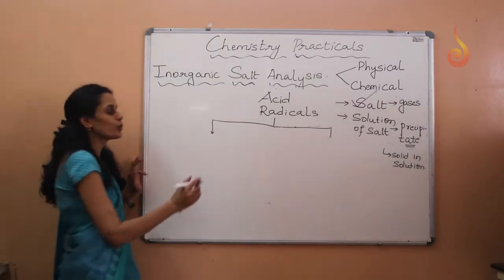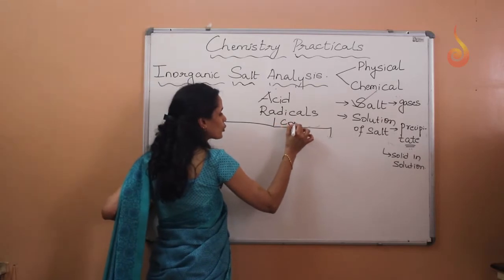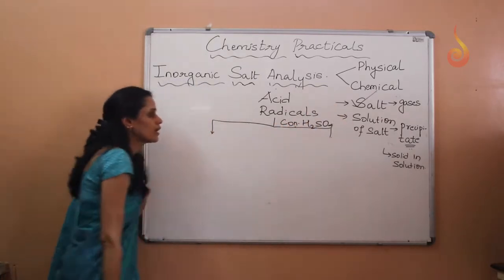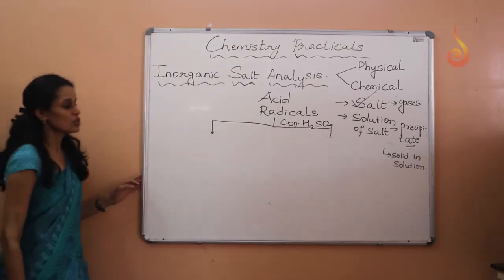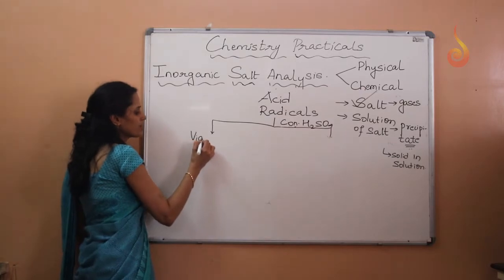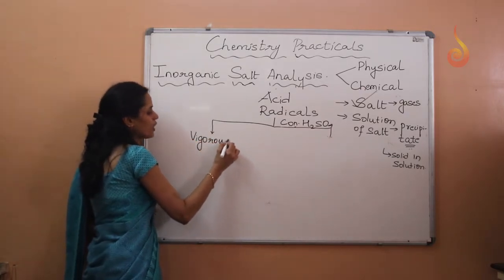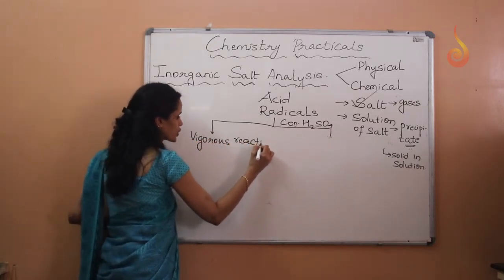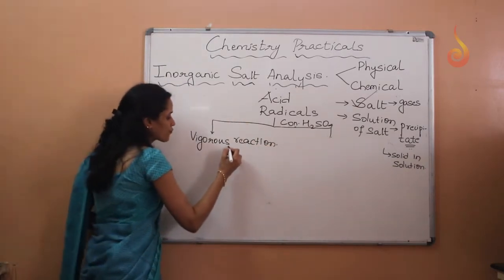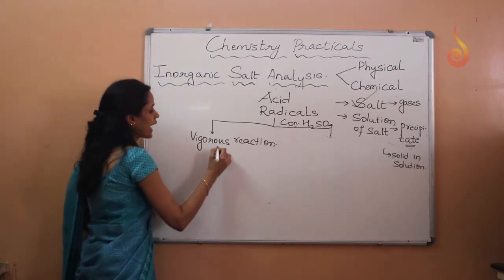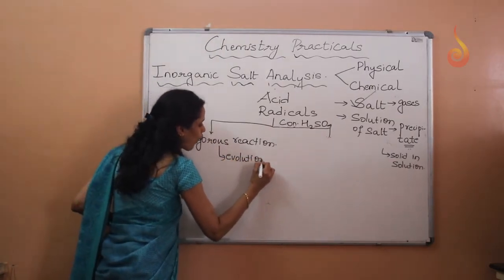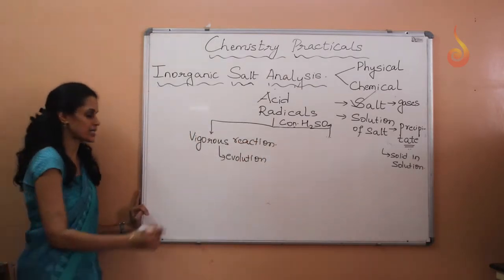So what is the group reagent for second group acid radical detection? Concentrated sulfuric acid. Once we add concentrated sulfuric acid, we first observe a vigorous reaction. Other than the vigorous reaction, we also observe evolution of certain gases.